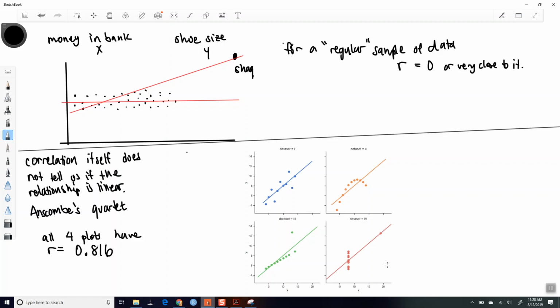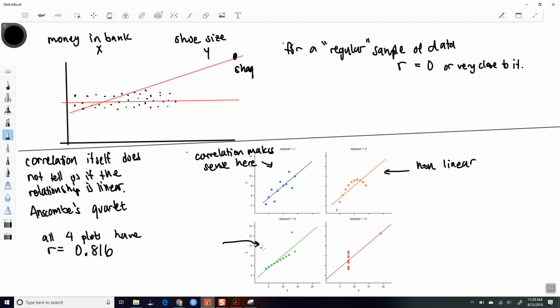Now, really, correlation only makes sense for this plot. But here, this is nonlinear.